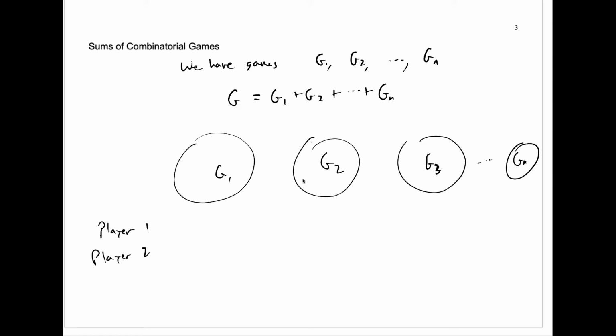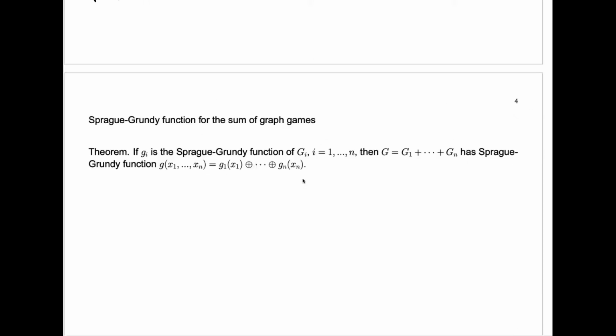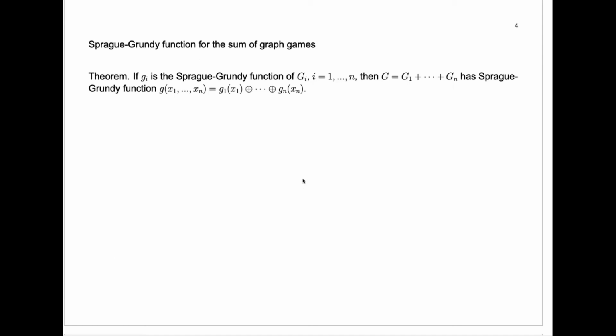And if we want to start to analyze combinatorial games, we're going to want to know things like what's the Sprague-Grundy function for this sum of games. Well, the only way we're going to be able to do that is, let's say we know the Sprague-Grundy function, call it little g sub i, is the Sprague-Grundy function for the game capital G sub i, for each i equals 1 to n.